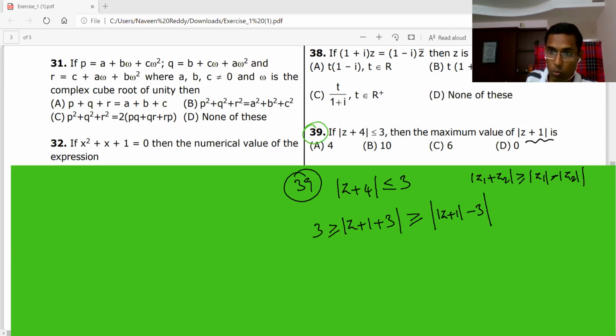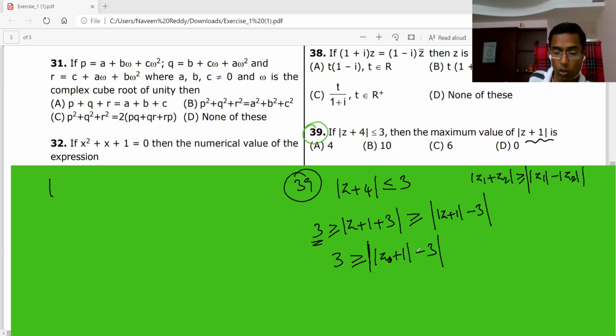If you want, you can put one more mod also, the difference. This we know. So why did I write it? Because 3 is greater than this, and this is greater than this. Then automatically 3 is greater than or equal to ||Z + 1| - 3|. I can put one more mod. Understand?